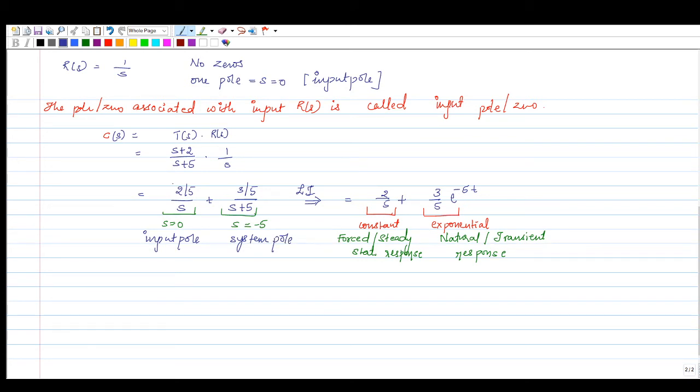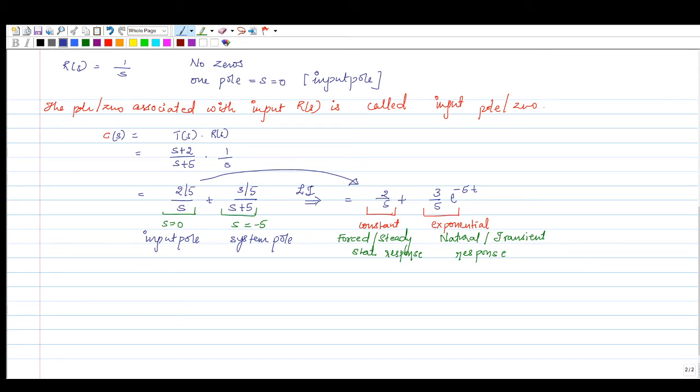And we can see that the first term is giving us what is called the forced response. So we can infer from this that the forced response or the steady state response is dependent on the input pole. Your steady state response will always be determined by what type of input you are giving.